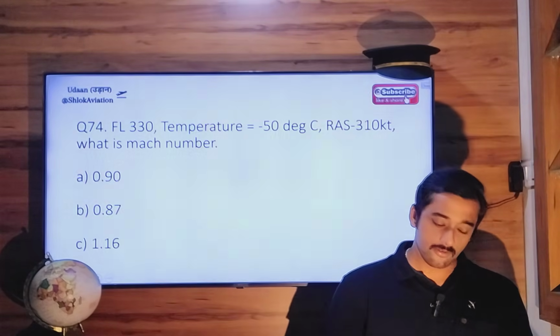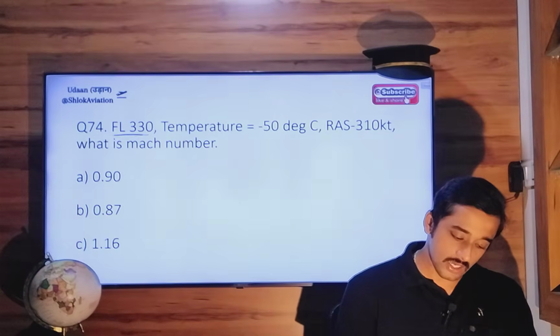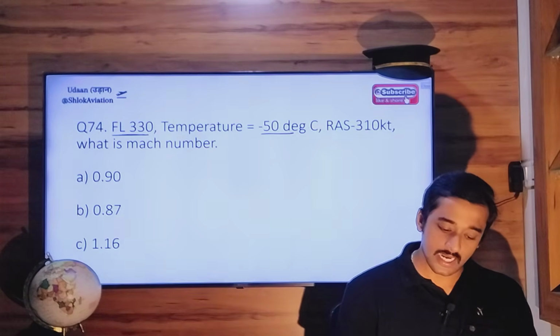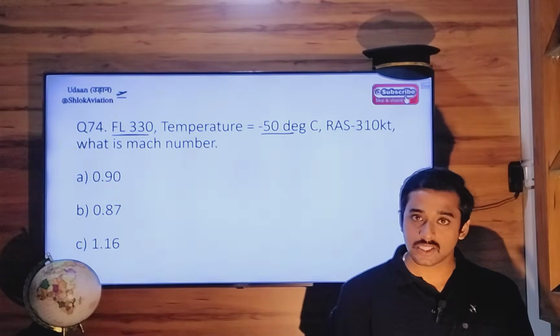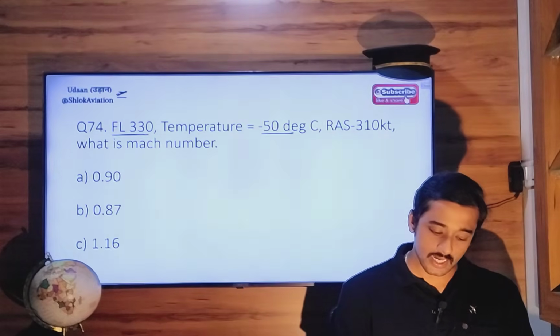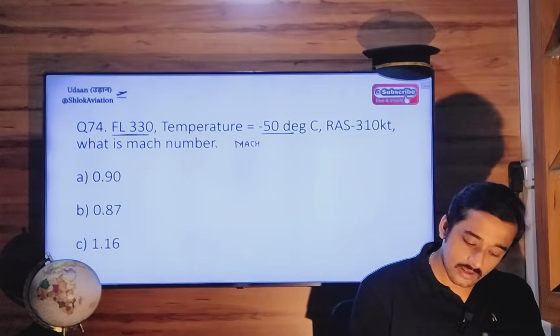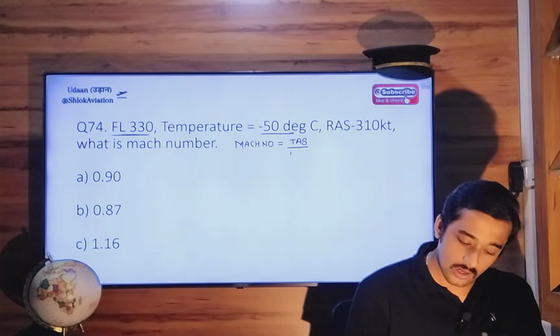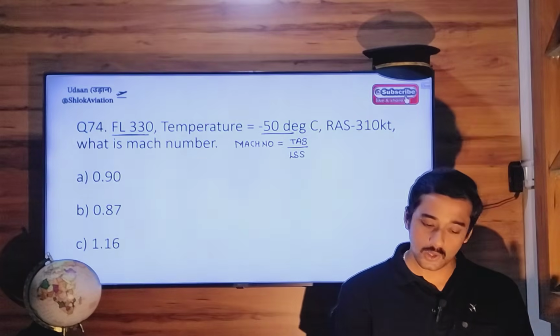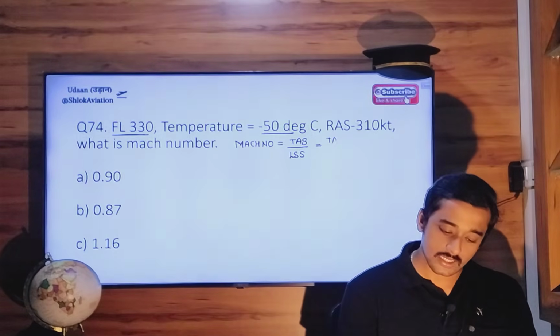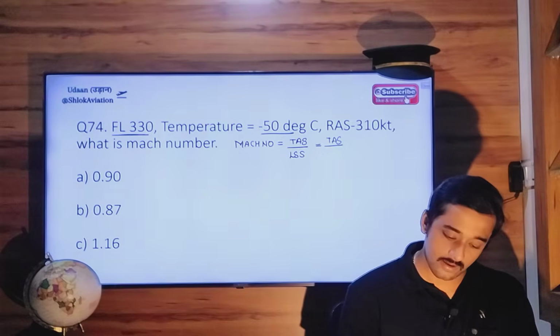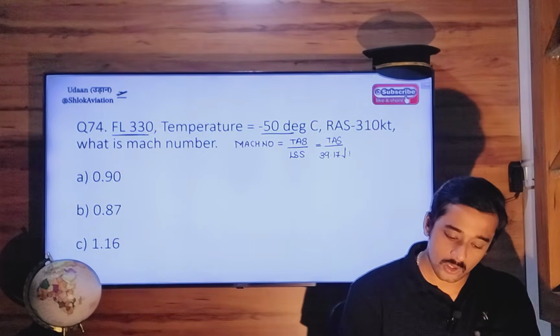Next, question 74. Flight level is 330. Temperature is minus 50 degrees Celsius. Rectified airspeed or calibrated airspeed is 310 knots. What is the Mach number? Now, Mach number of your aircraft is equal to true airspeed divided by local speed of sound. You can do this sum using CX3 as well. I will show you both ways. Local speed of sound is 39.17 square root of temperature in Kelvins.